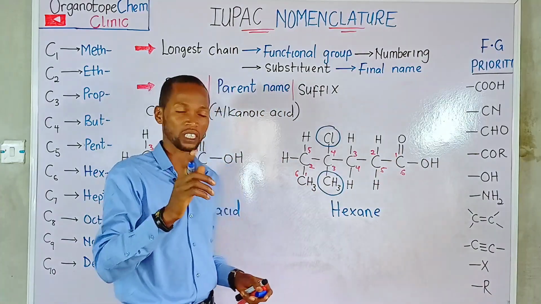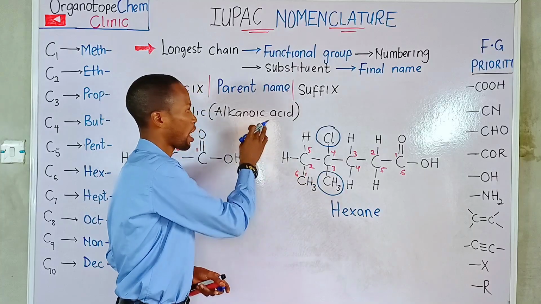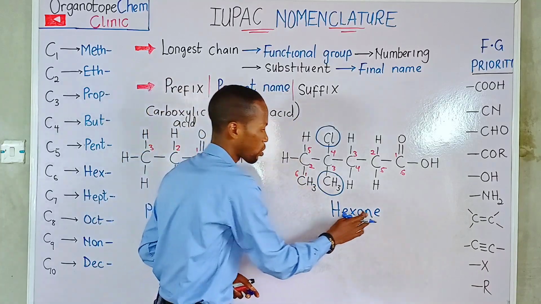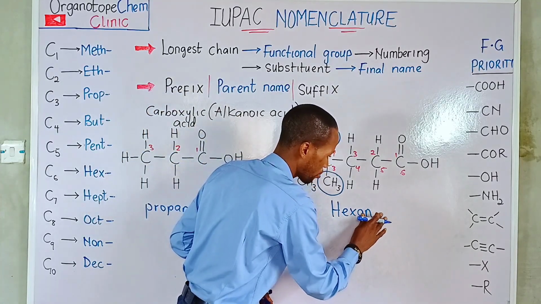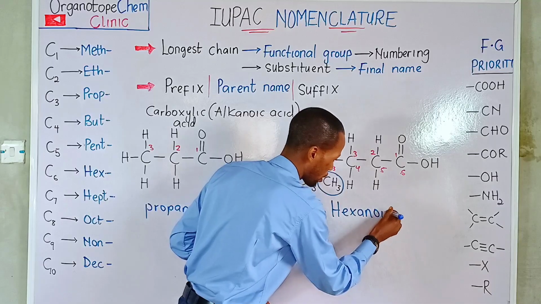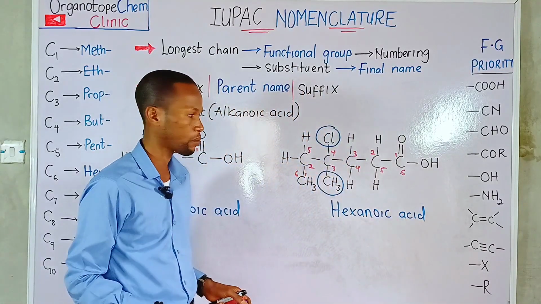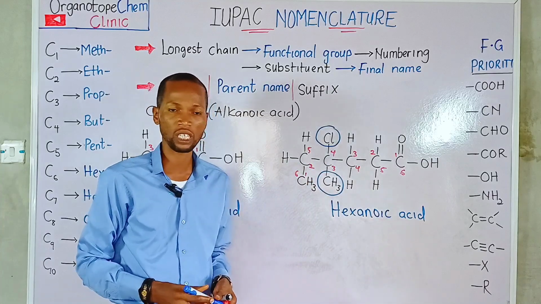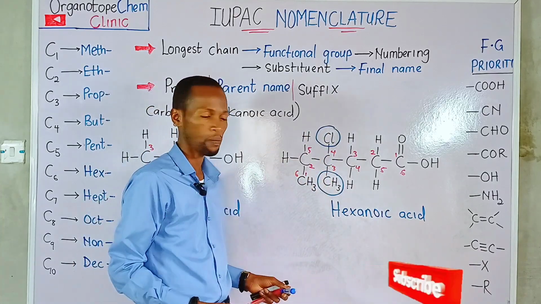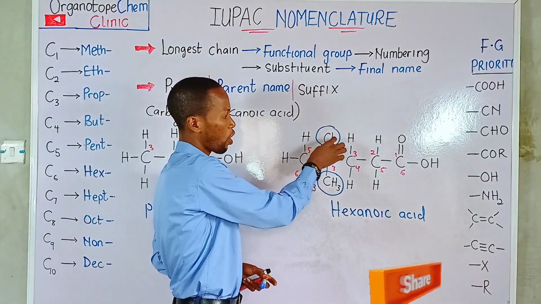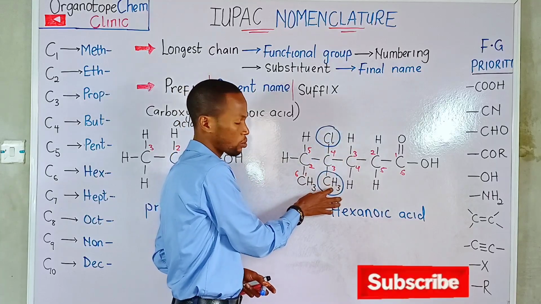What is the functional group name for this compound? We have the oic acid. So I'm going to remove the letter E right here and introduce what? Oic acid. So that is the suffix name. So can we identify the position of the substituents in this compound? We have a substituent group on carbon 4 and another substituent group right here.